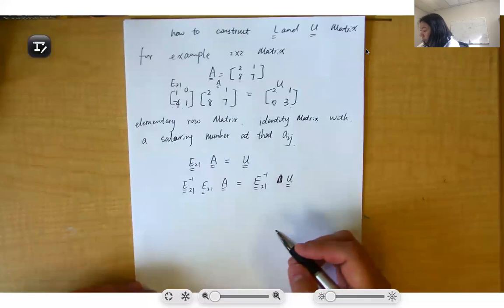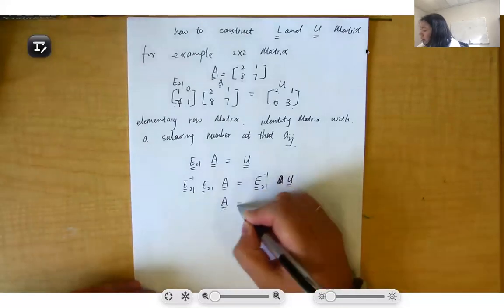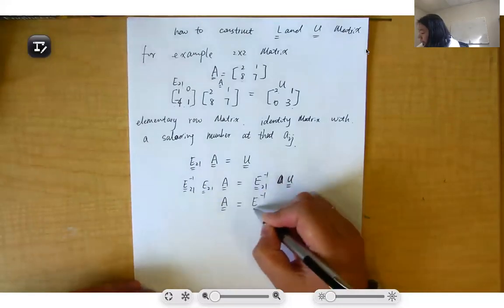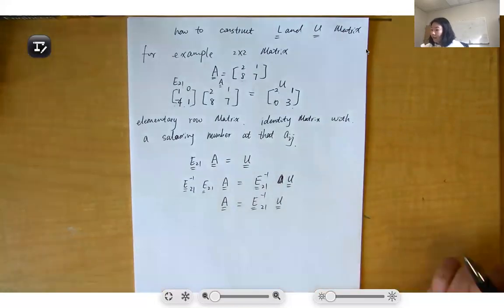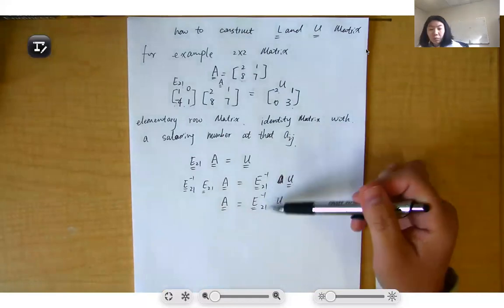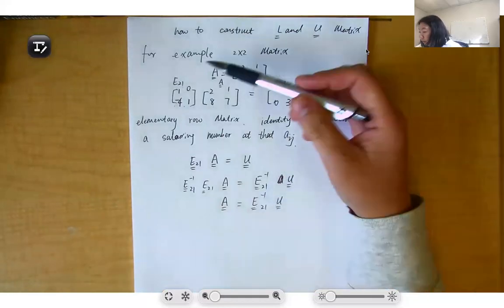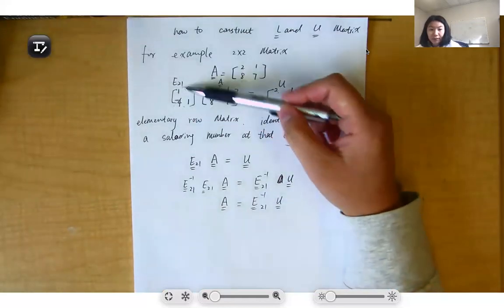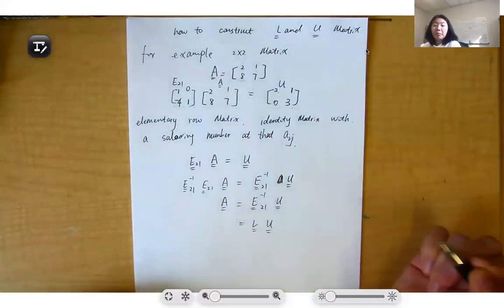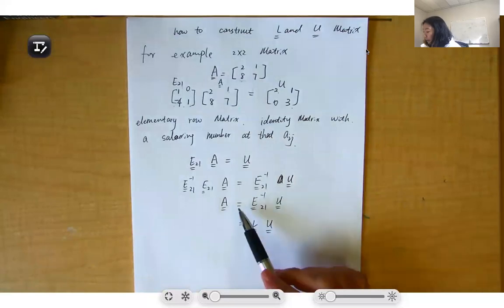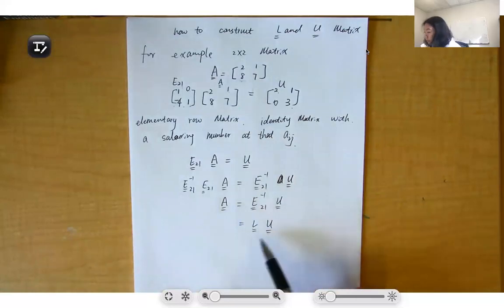So it becomes A equals E21 inverse U. And you can see that this E21 inverse is actually a lower triangular matrix. So this is a lower triangular matrix times U. That is how we get our lower triangular matrix and the U matrix.